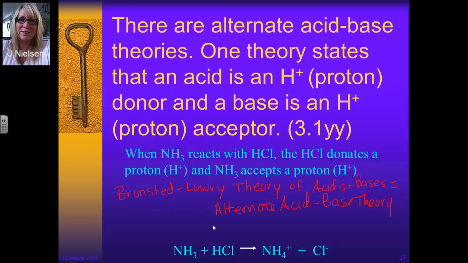They may refer to it as the alternate one, you know, like the other acid-base theory, but they're really talking about Bronsted-Lowry. So in this case, HCl is the acid because it donated an H to NH3, which is the base. And then my Cl minus would be my conjugate base, and my NH4 plus would be my conjugate acid.